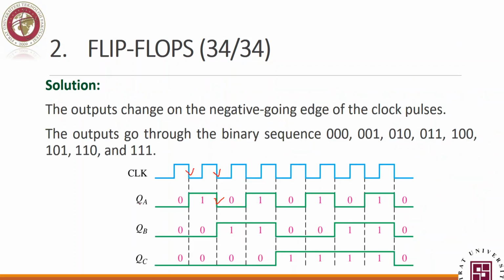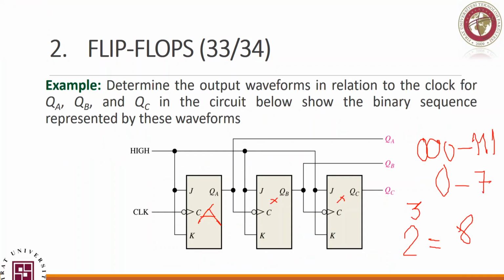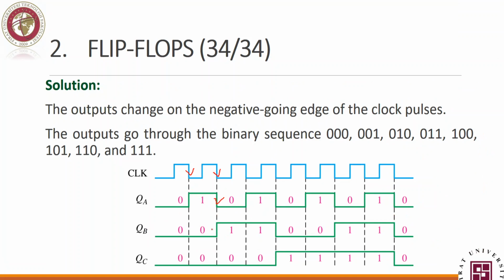Now let's address QA at the next falling edge. At the next falling edge, it toggles, so it will go from 0 to 1. Good, we have a falling edge, so this falling edge will affect QB. At this time QB is initially 0, so it will go high. Why? It will toggle. It will stay high and not change at this edge. This is a rising edge, going from 0 to 1.